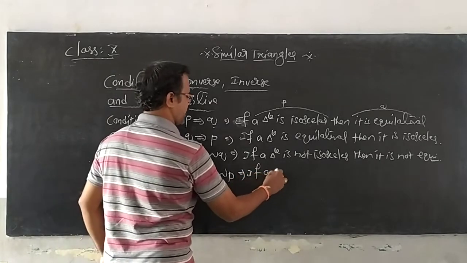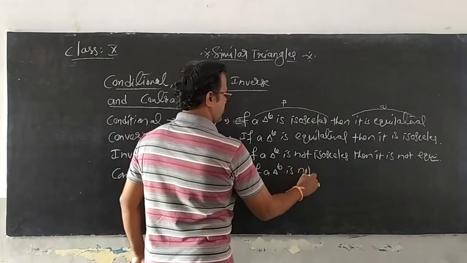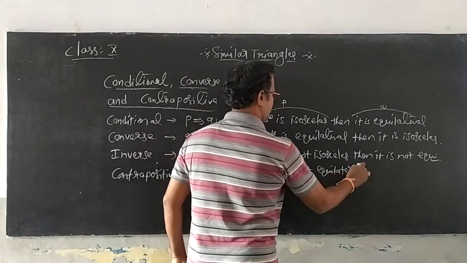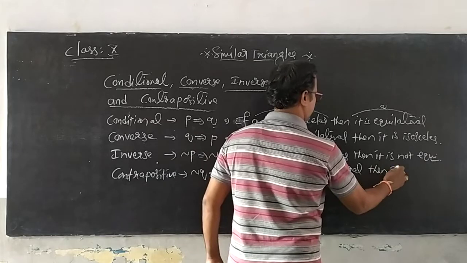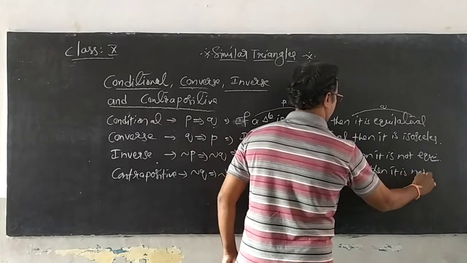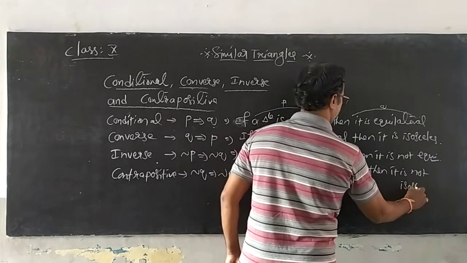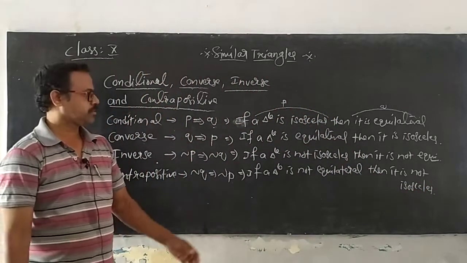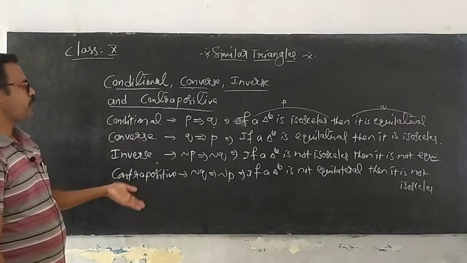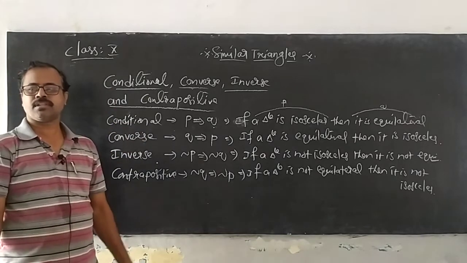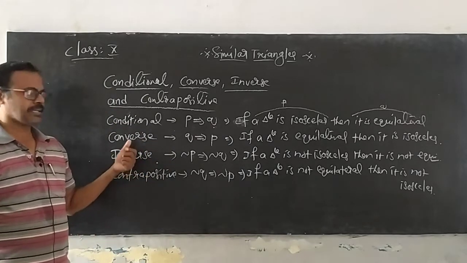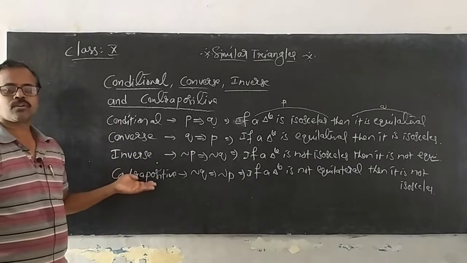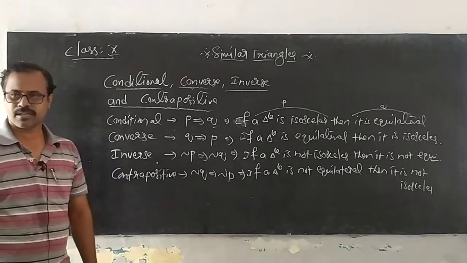If a triangle is not equilateral, then it is not isosceles. Is that clear, everybody? These are the four important forms of a conditional. The first one is the conditional, the next one is the converse, the third one is the inverse, and you go for the contrapositive. Okay, is that clear?